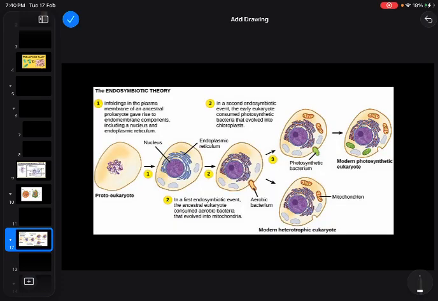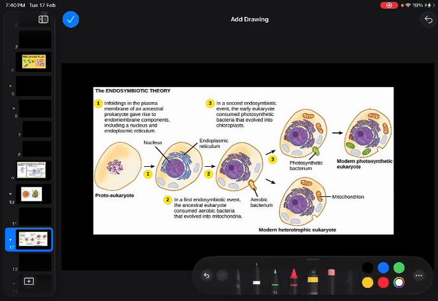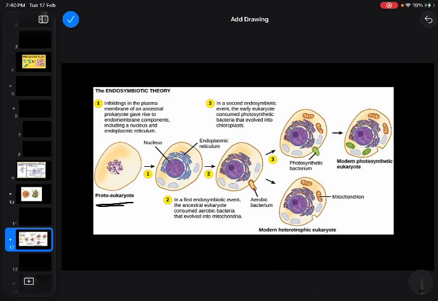So now what actually is the endosymbiotic theory? The proto-eukaryote, which we say as an anaerobic prokaryote, enfoldings in the plasma membrane give rise to endomembrane system of the nucleus.